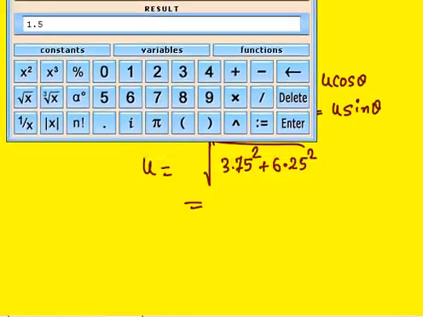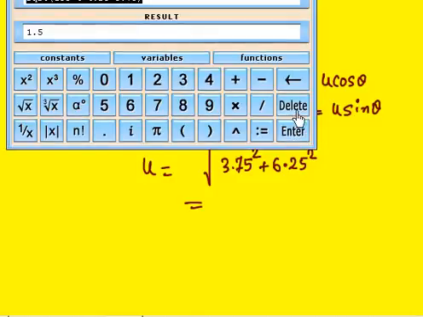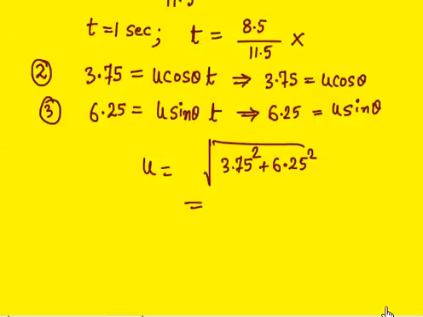So 3.75 whole square plus 6.25 whole square, this value is 53.125. So if I take the root, I think there is some mistake I have made, it is 7.288. So this velocity is 7.288 meters per second. Are you getting or not?